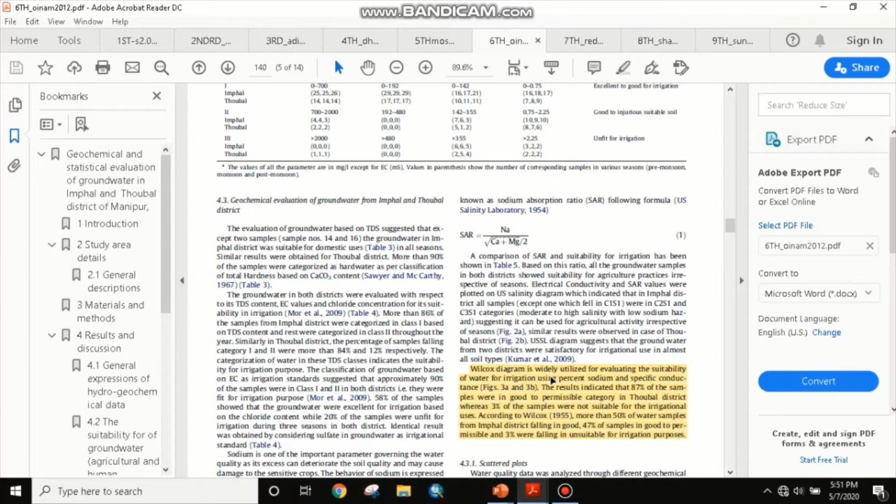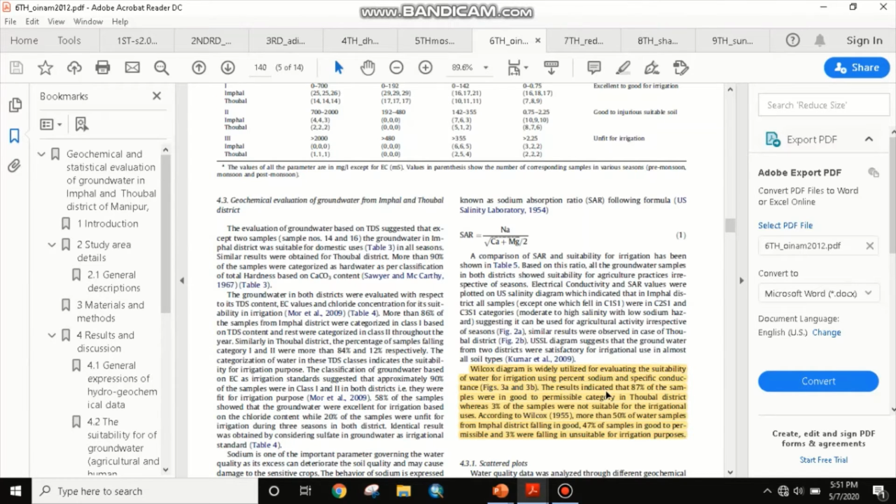Here they have given the Wilcox diagram is widely utilized for evaluating the suitability of water for irrigation using percent sodium and specific conductance that is given in figure 3, 3a and 3b.